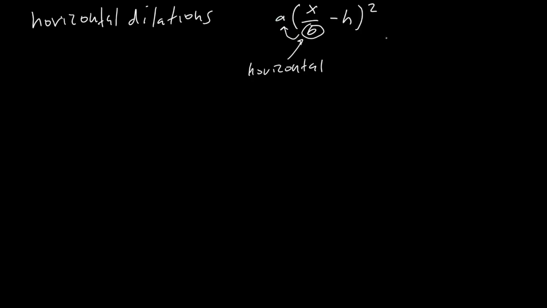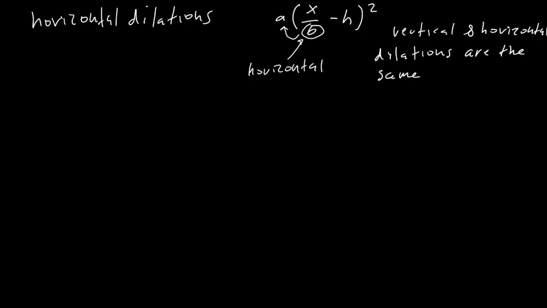And so that means basically vertical and horizontal dilations are the same. And I urge you to always factor it out. If you have a b here, always factor it out to make it an a.